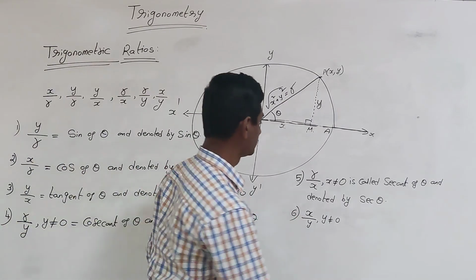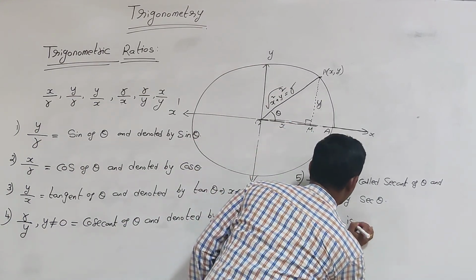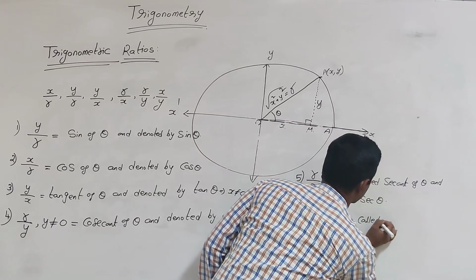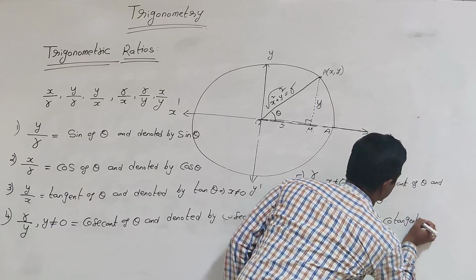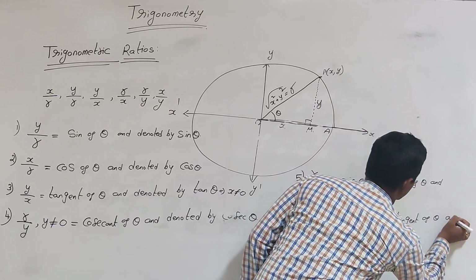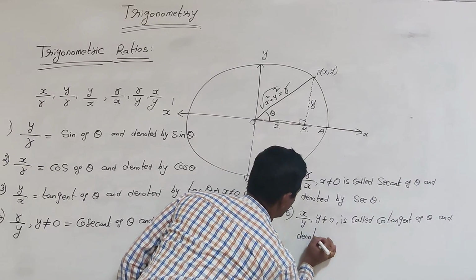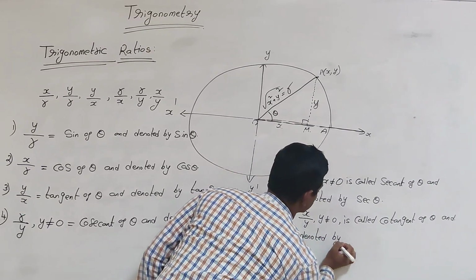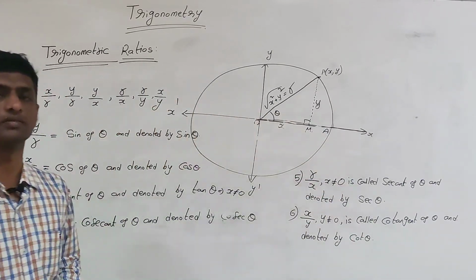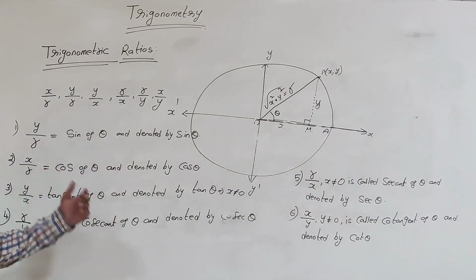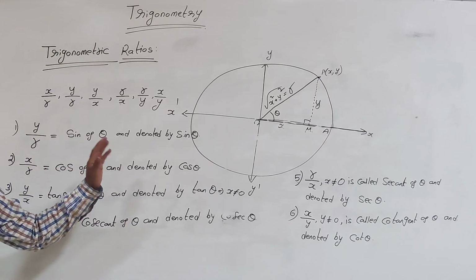Now coming to x by y, with y not equal to 0, it is called cotangent of theta and denoted by cot theta. So these are the 6 trigonometric ratios. Now we will write them in brief.